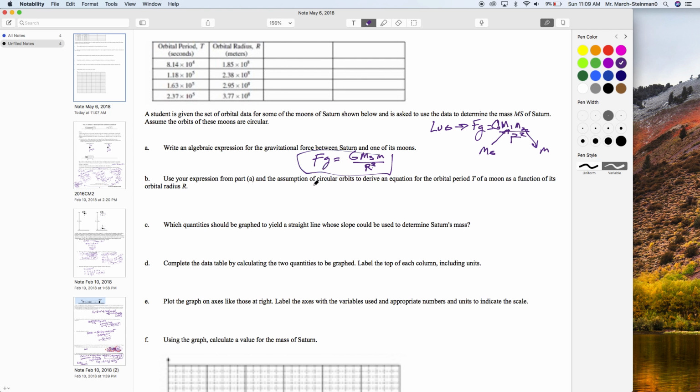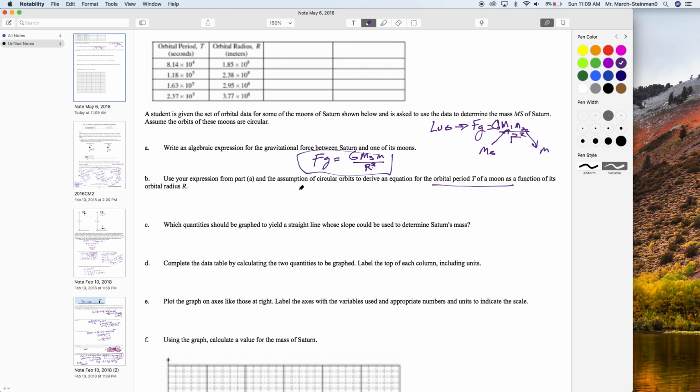Using this expression, we have circular orbits, and we're trying to derive a period equation as a function of orbital radius. First, we're paying attention to the orbital period of a moon.